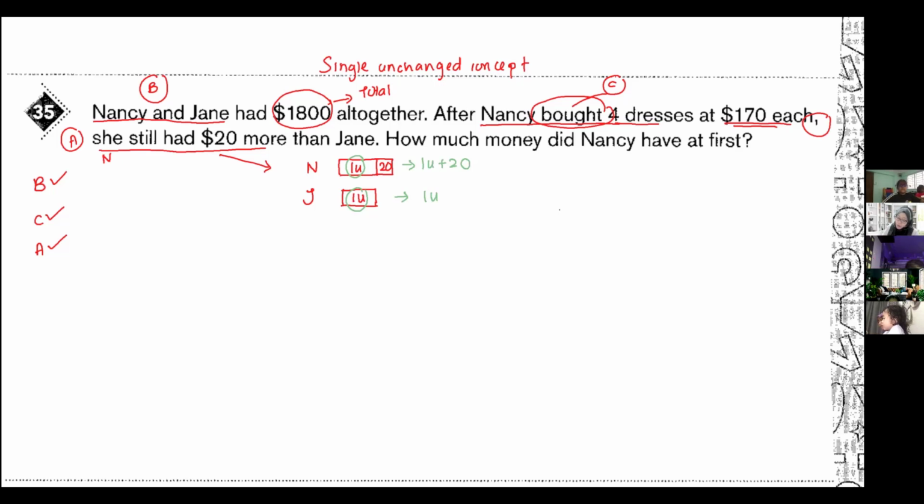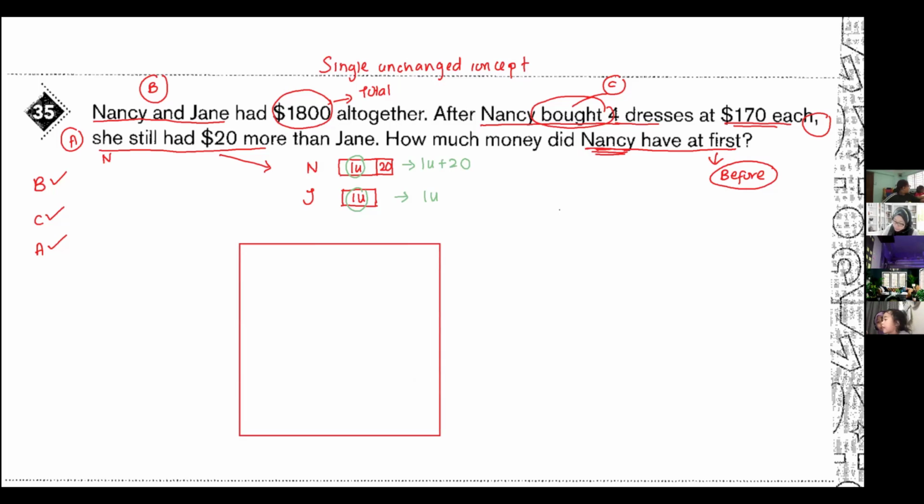All right. Now, from the question, they say, how much money does Nancy have at first? The words at first mean I want my before information for Nancy. All right. So I have all this. Now, what do I do? I draw out my table like that. Then I cut the table into 2 equal columns.